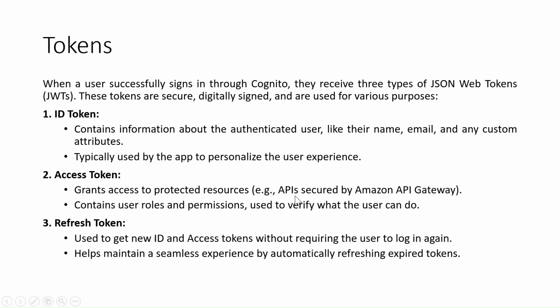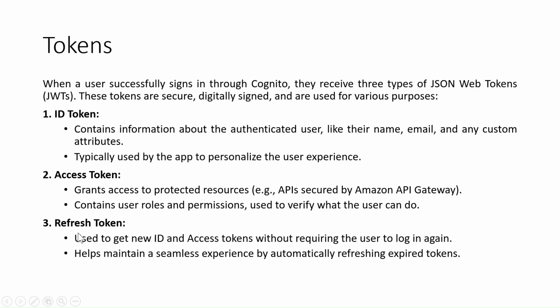for example an API secured by Amazon API Gateway, and it will contain the user roles and permissions, used to verify what the user can access and what the user can do. So it will decide what tasks the user can perform.